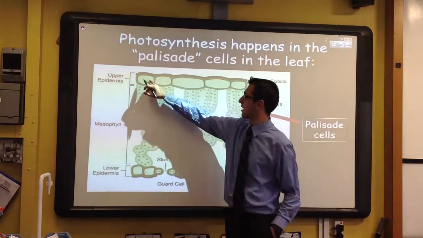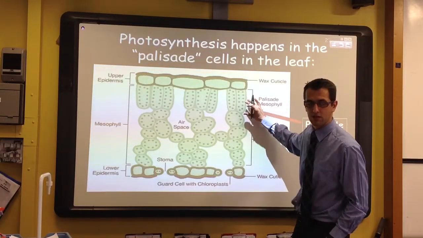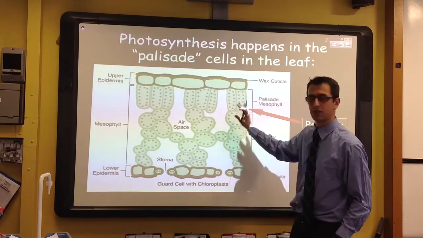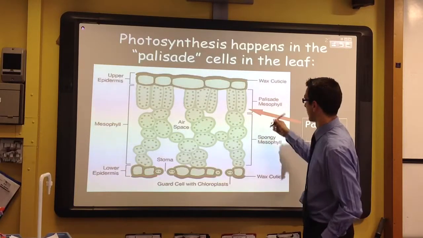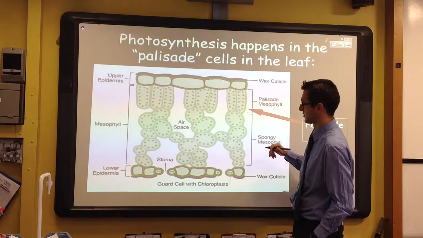Immediately underneath is the upper epidermis, below which is where the main photosynthetic cells are found. These long, rectangular, regularly shaped cells called palisade cells. Palisade mesophyll cells just means it's the particular layer of cell, mesophyll.